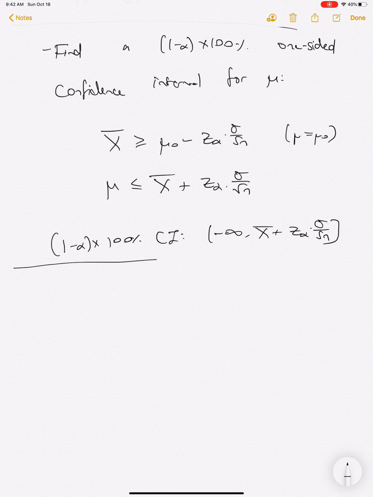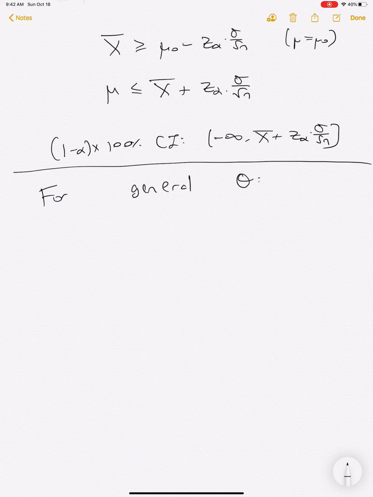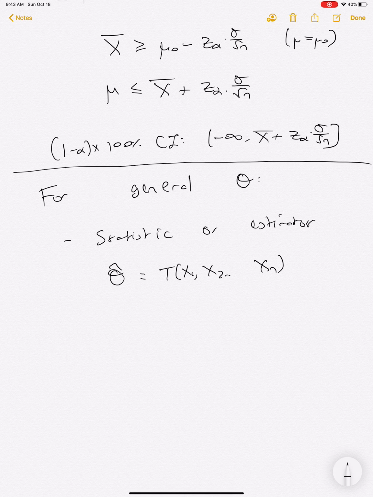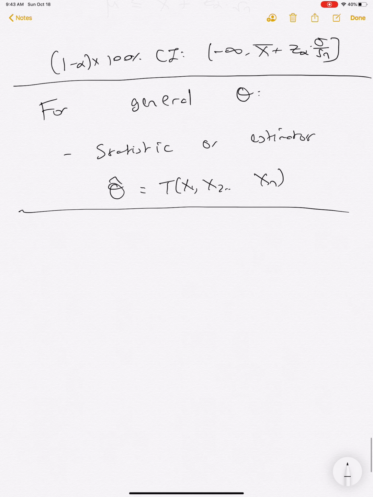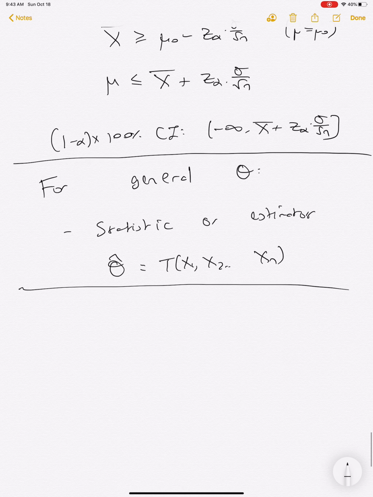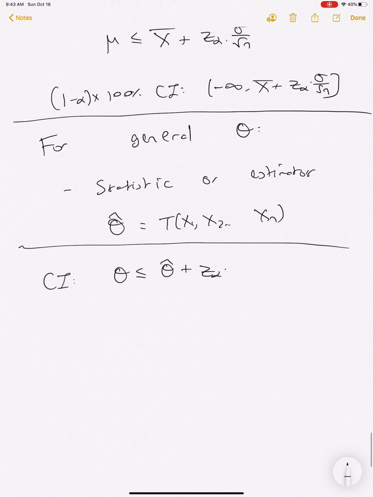Okay, and so then, for general theta, if we have a statistic or estimator theta hat, which is clearly going to be a function of our data, because it's a statistic or an estimator, then this is equivalent to: the confidence interval is going to be theta is bigger than or equal to theta hat plus z alpha times some standard error, so we're assuming that theta hat is normally distributed.